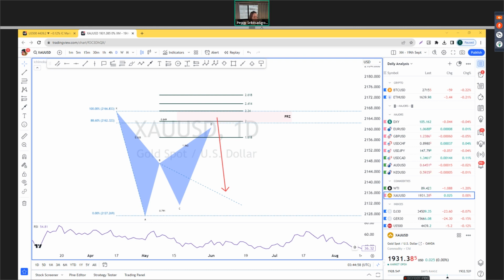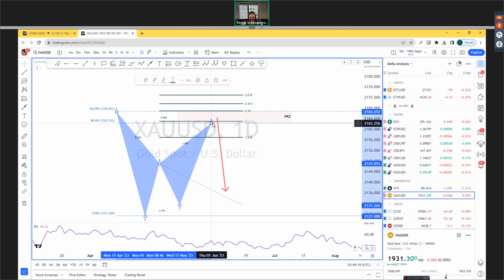Bat pattern, okay. BC extension. They say D is retraced here.